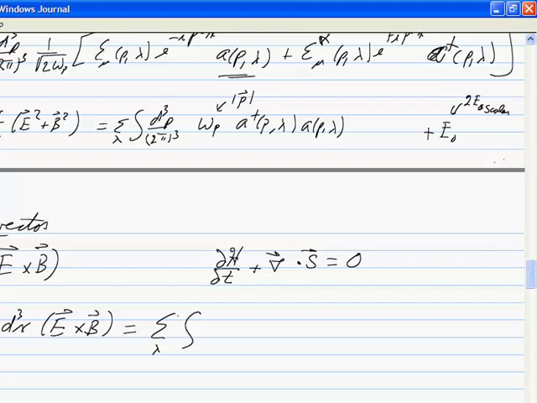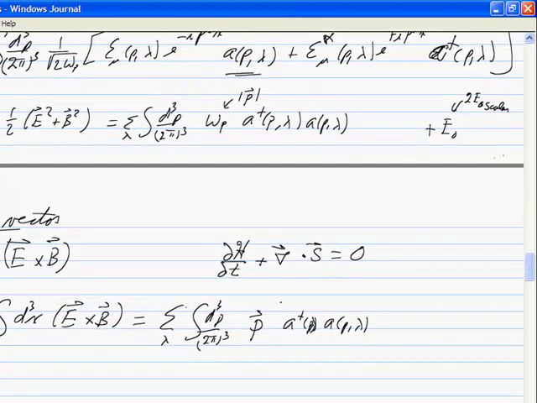You get the sum over lambda, integral d3p over 2 pi cubed, p vector a dagger p and lambda. The Poynting vector turns into the momentum flow.